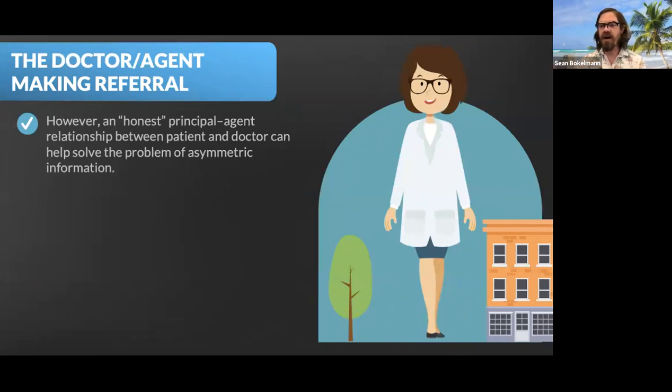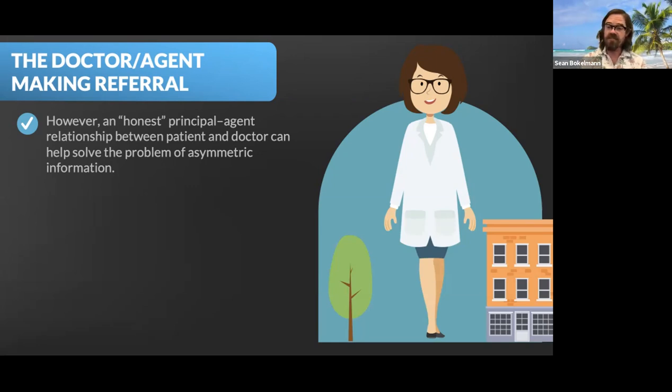So those are kind of the problems, but there is sort of a positive side to this. If the doctor acts as sort of an honest agent, then that can help alleviate problems of asymmetric information, right? If the doctor is truly acting in the best interest of the patient, then it doesn't matter that there's an information asymmetry between the doctor and the patient.